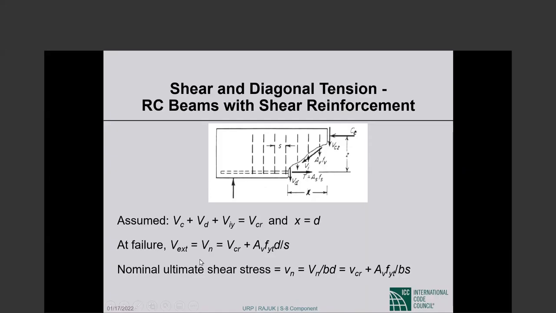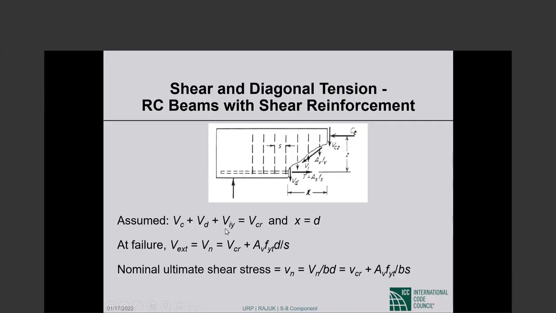So the nominal shear strength then is the cracking shear strength of the concrete V sub CR plus A sub V F sub YT, the shear resisted by an individual stirrup, multiplied by the number of stirrups crossed by the crack, which would be D over S instead of X over S, because we have assumed X is equal to D. So nominal ultimate shear stress, if we want nominal ultimate shear stress rather than strength, then we divide by BD, and that will be a lowercase v sub CR, capital V sub CR divided by BD, and A sub V F sub YT divided by BS. This is just division by BD. So this is the important part.